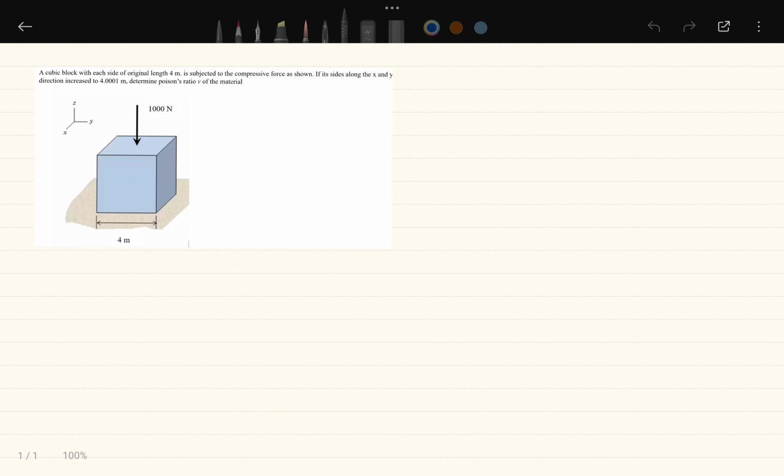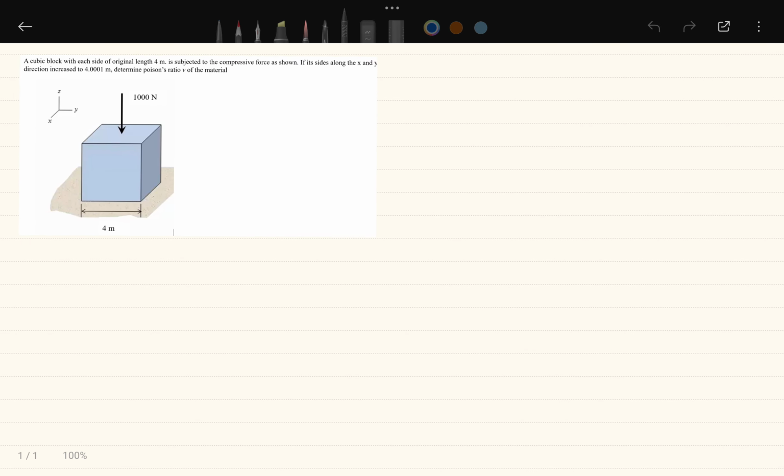One thing is very clear, that the material of the body is the same, which means the volume will stay the same. So the first thing we need to do is calculate the volume of the body. It is a cube, so the volume will be equal to 4 into 4 into 4, the area of cross section multiplied by the height.